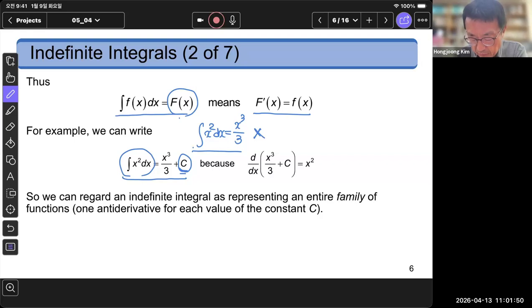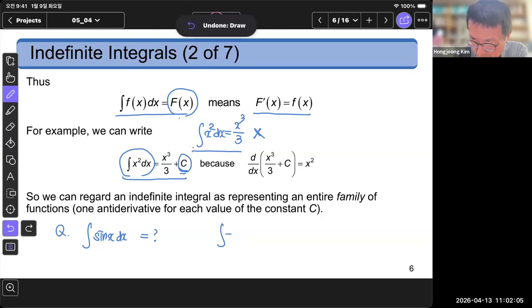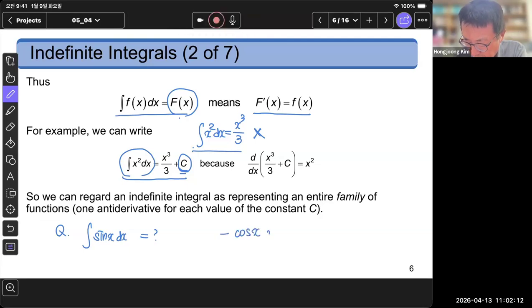So when I ask this, your answer should be negative cosine x plus some arbitrary constant c.